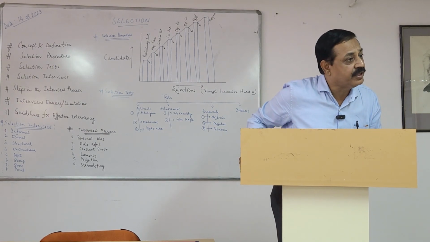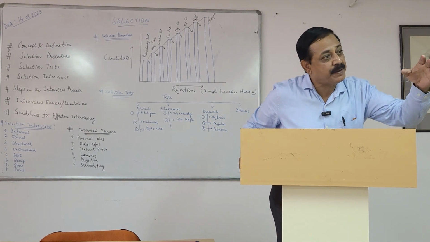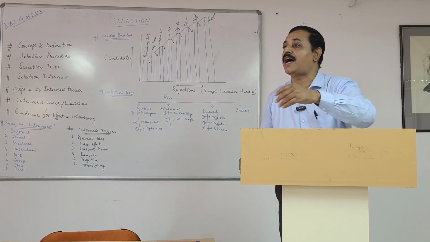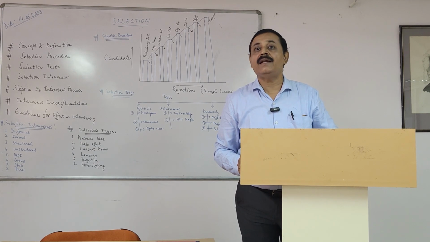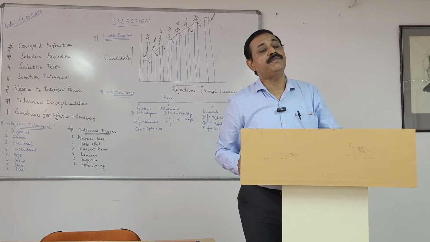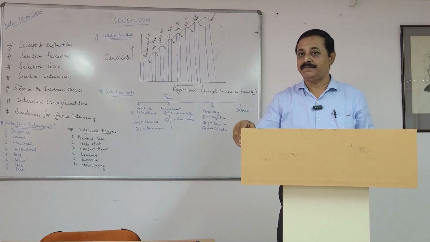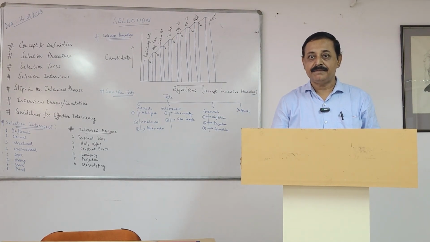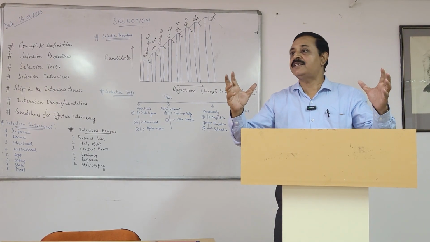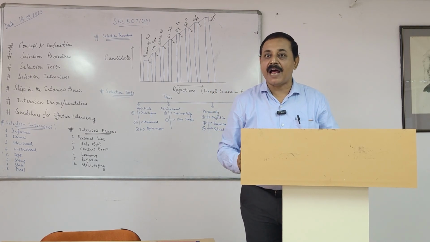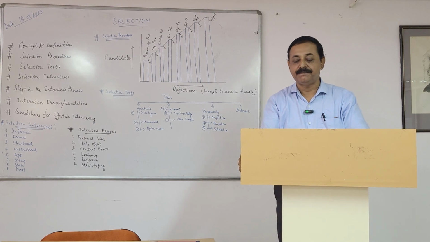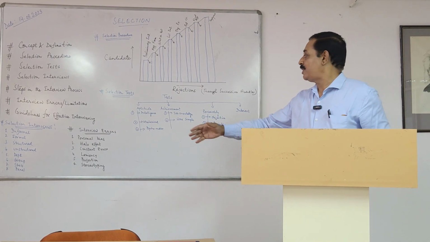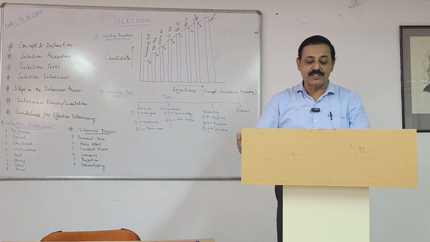In all interviews, there has to be a personal approach exercised. You have to make the person comfortable, and all interviews must be conducted privately. Understand? A sense of privacy, an atmosphere of privacy must be there for conducting the interview. So that is what is called the element of privacy.